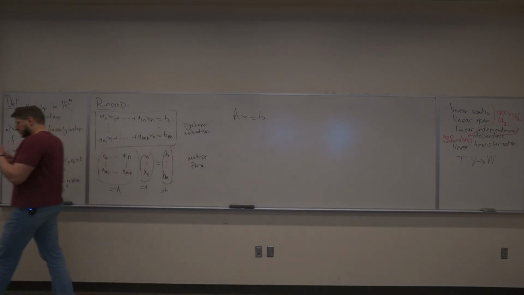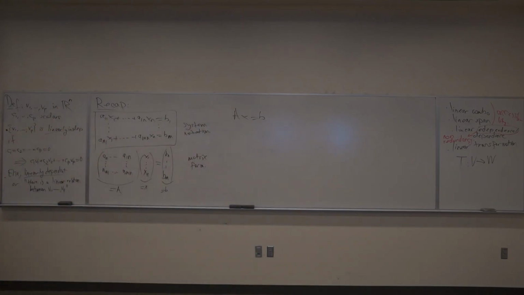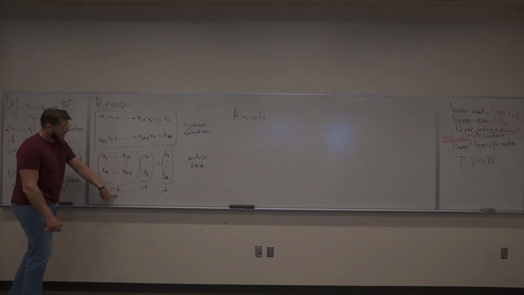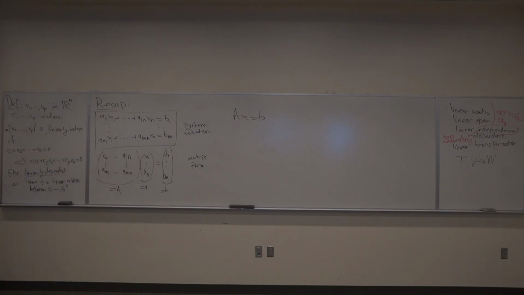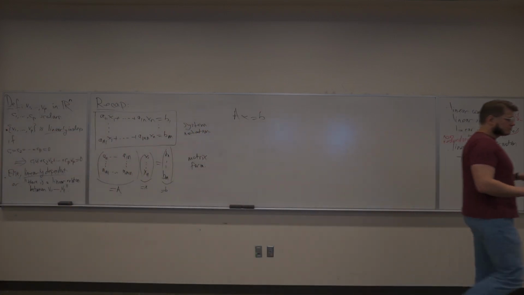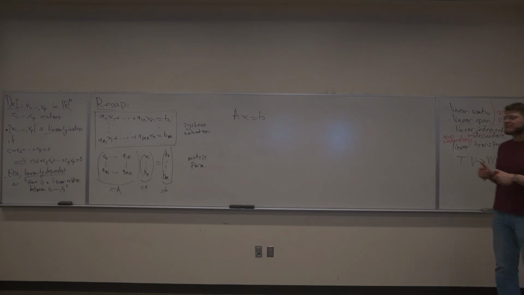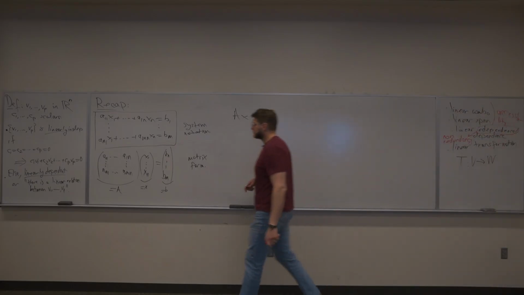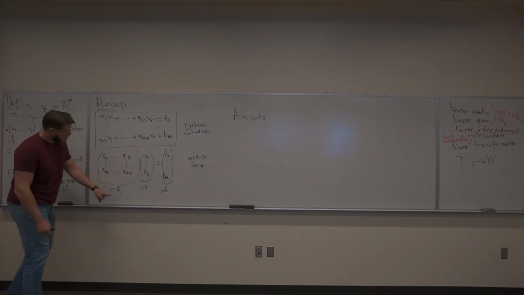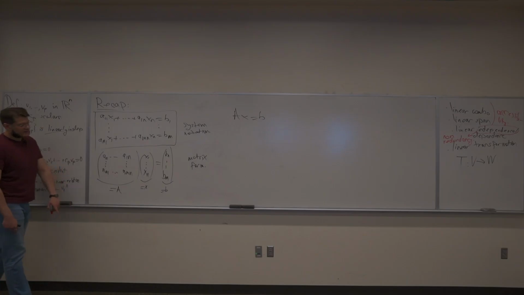Let me also say one thing. One of the things we said was, well, given any matrix, we have the number of rows and number of columns. And I told you always, the first number, first integer, is always the number of rows. When they say m by n, m is the number of rows, n is the number of columns. And so for instance, to denote that this A matrix is m by n, I'm going to use m and n as subscripts.